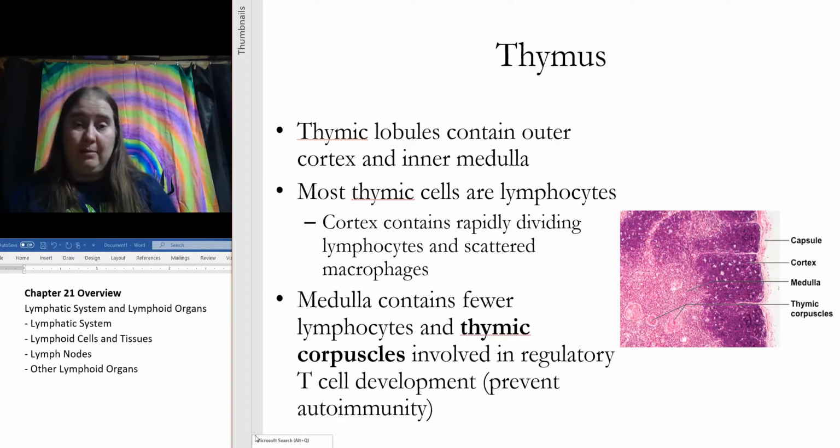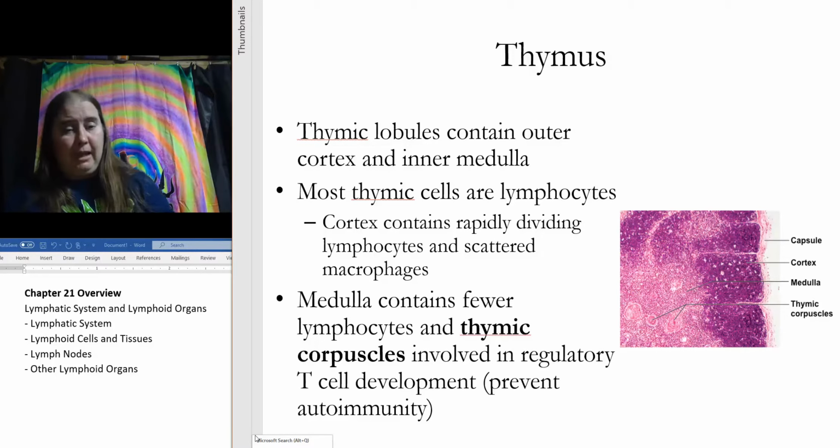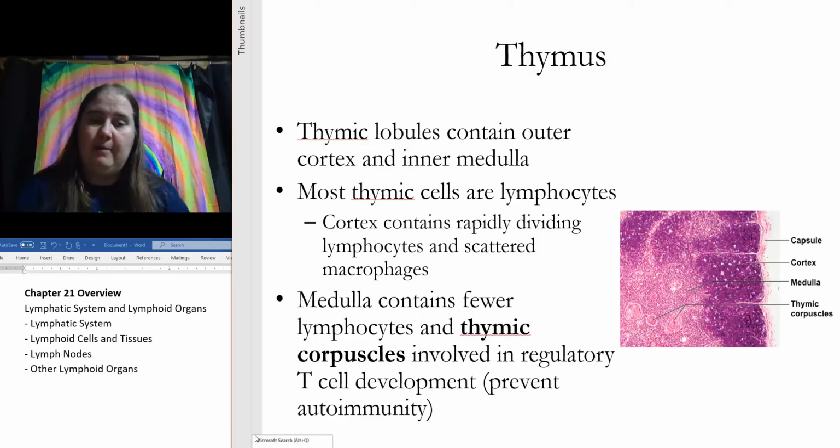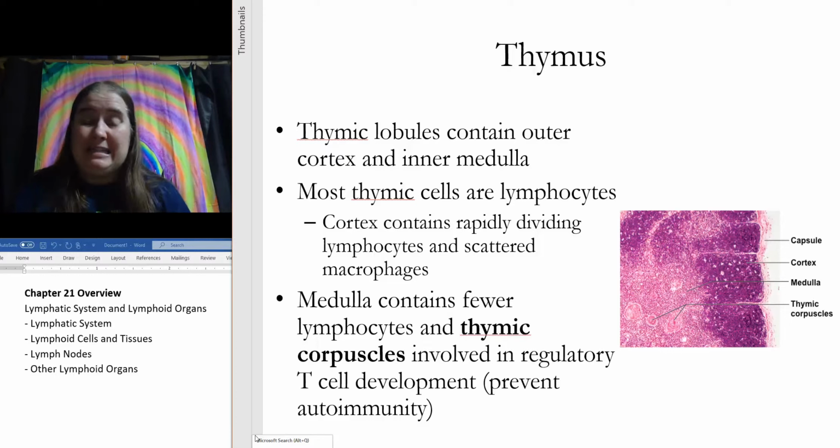The cortex on the outer region contains rapidly dividing lymphocytes and some macrophages. And the medulla contains fewer lymphocytes, but it contains cells that are really important called regulatory T cells that prevent something called autoimmunity.